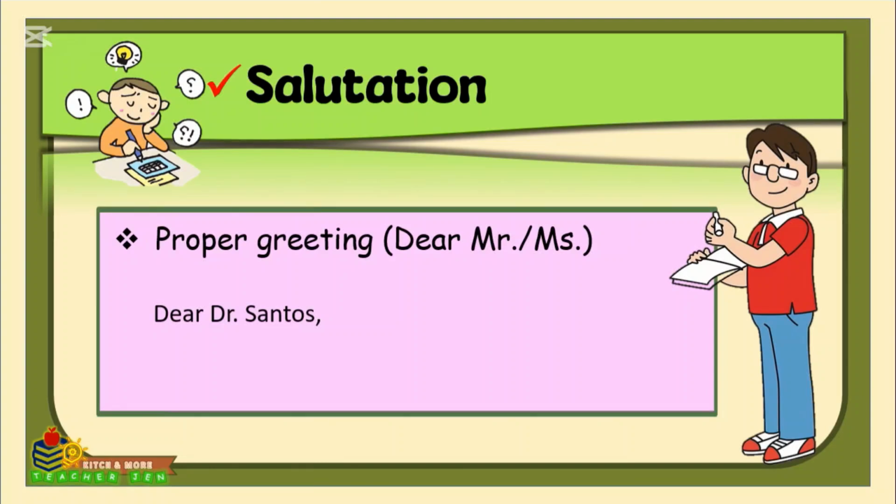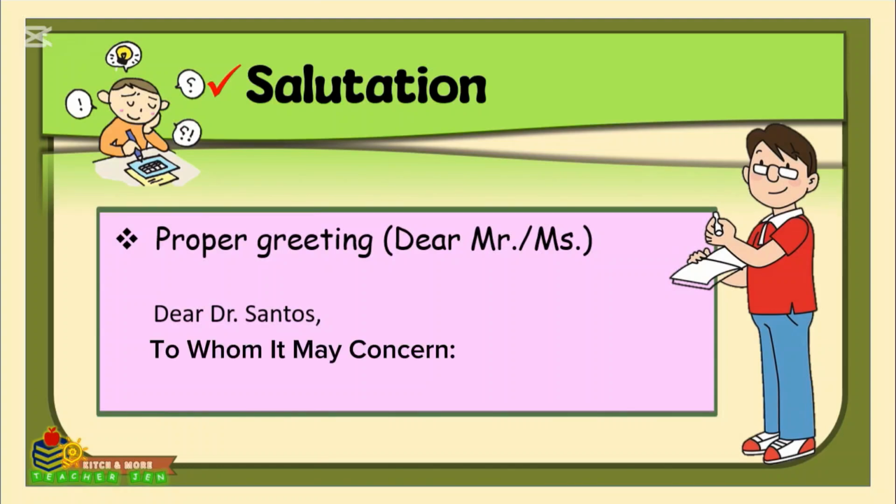First, we use "Dear" plus the title and the last name when addressing a specific person. For example, Dear Mr. Santos, Dear Dr. Rivera. This format is preferred in formal letters as it directly acknowledges the recipient. Second, if the recipient's name is unknown, use "To Whom It May Concern."